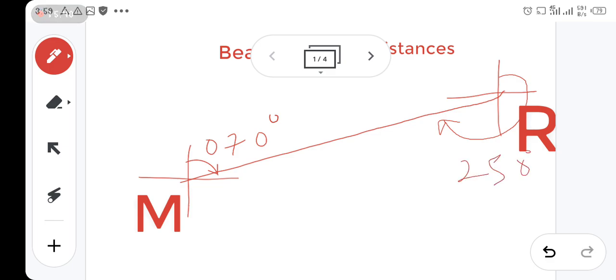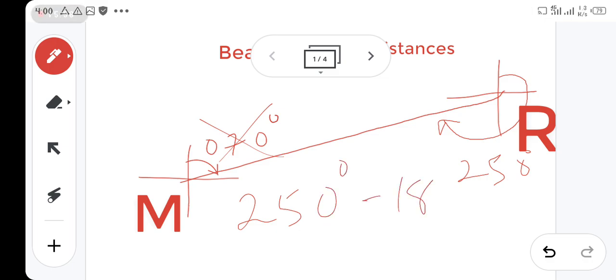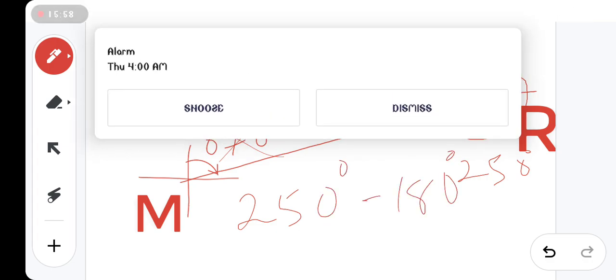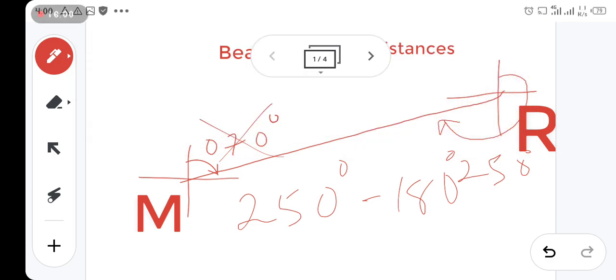We don't have this, so how do we find this? Now, since the given angle here is greater than 180 degrees, we'll subtract 180 degrees from this. So the bearing of M from R will be 250 degrees minus 180 degrees, which gives us 70 degrees.